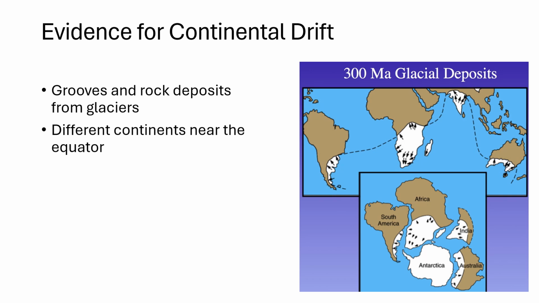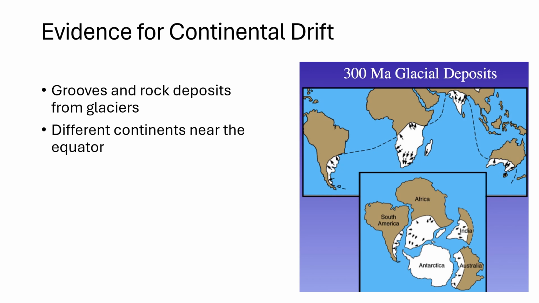And also the location of this glacial deposit is often in places where it's too close to the equator and you wouldn't get glaciers to form in the beginning.